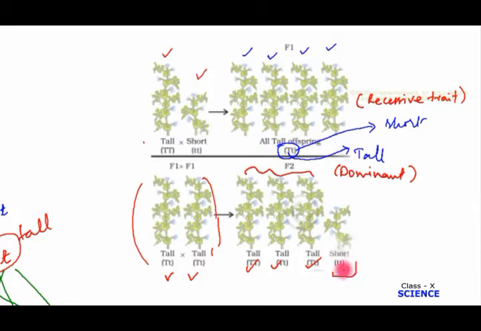But in the last case you can see both are small t, which is a recessive factor, so we get short plants. Although their parents are tall, look carefully at the traits, they are capital T, small t. If you compare the parents of these traits, they are produced from plants in which one is tall and one is short. From those combinations only we obtained such traits, so only we get a short plant.